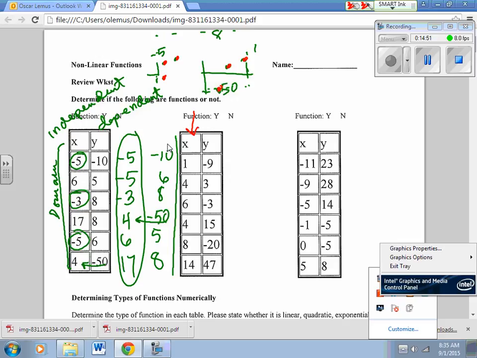No. Okay, 1, 4, 6, 4, 8, no, it's not in order, okay? So you gotta make sure when you guys are looking at these tables, and you're gonna start to determine, is this a linear function, an exponential function, a quadratic function, or whatever? First thing you gotta make sure is the table in order, but the x is only.